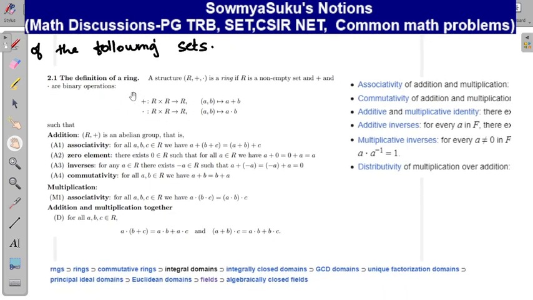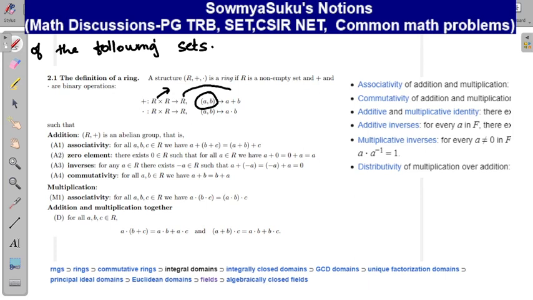So here the first one is the definition of ring. A structure (R, +, ·) is called a ring under the operations plus and dot. Let's see the elements: plus is from R × R to R. R × R means a Cartesian product, right? So the elements are ordered pairs. Here you can see the ordered pair (a, b) maps to a + b, because the operation here is plus.